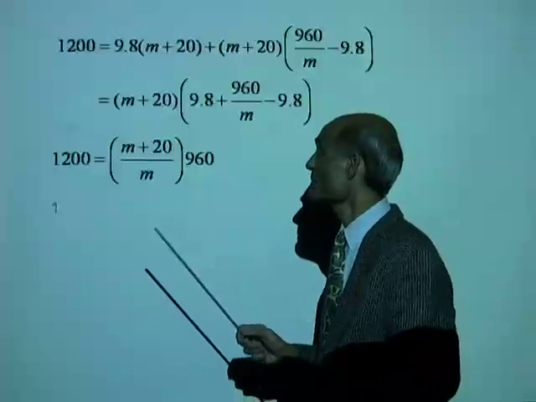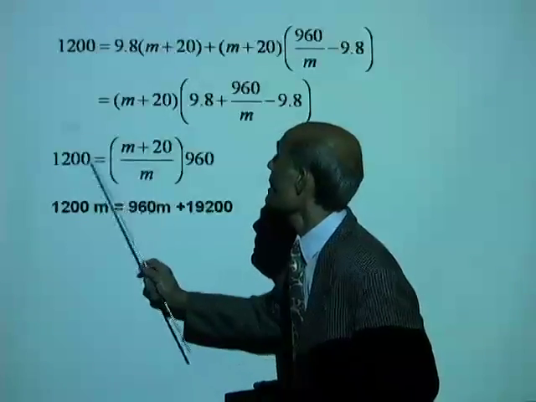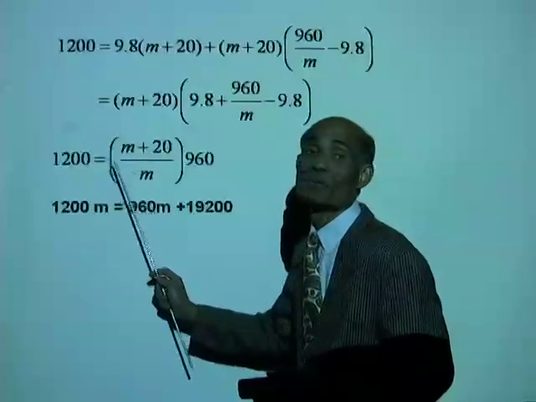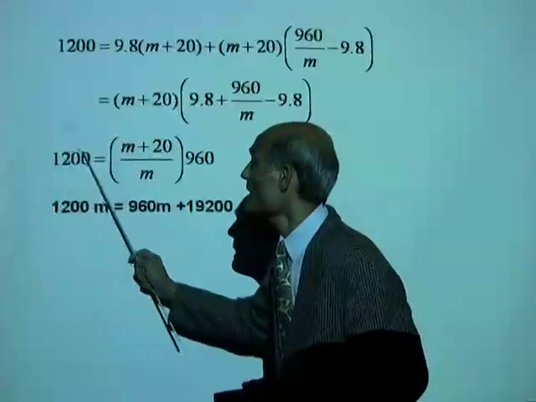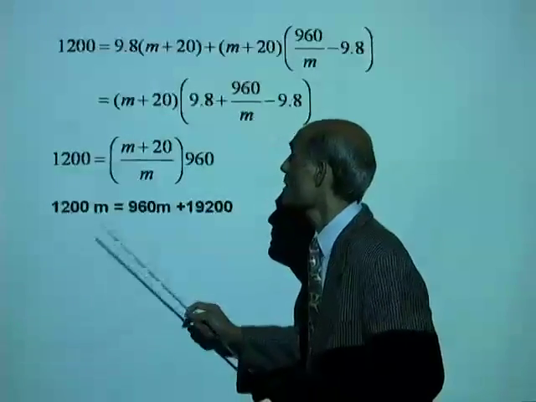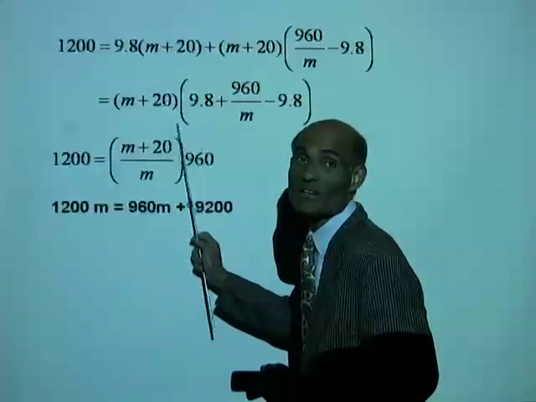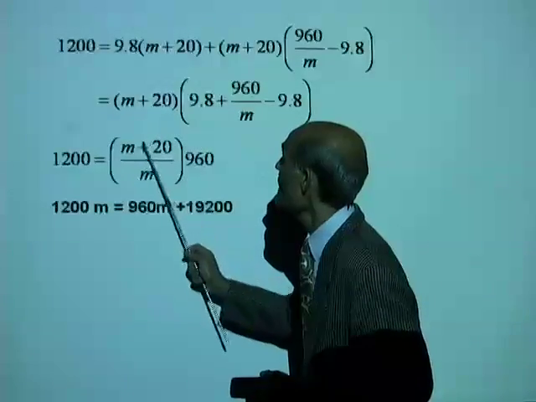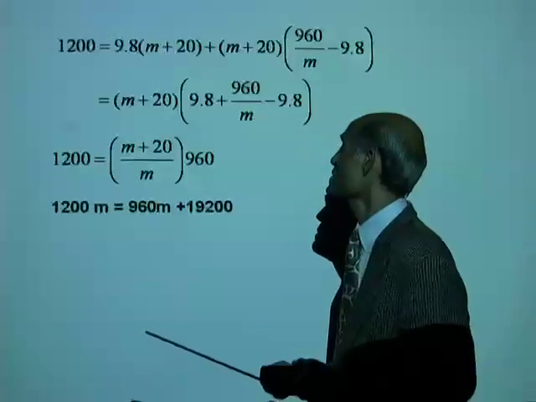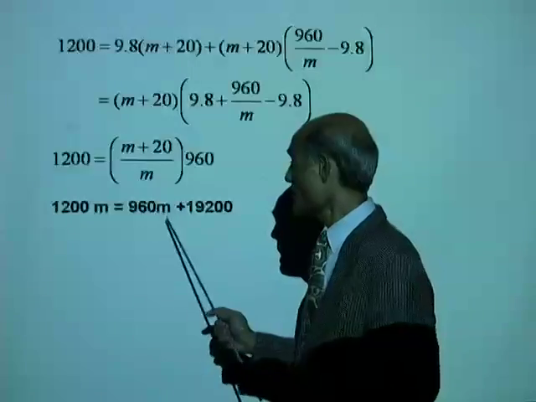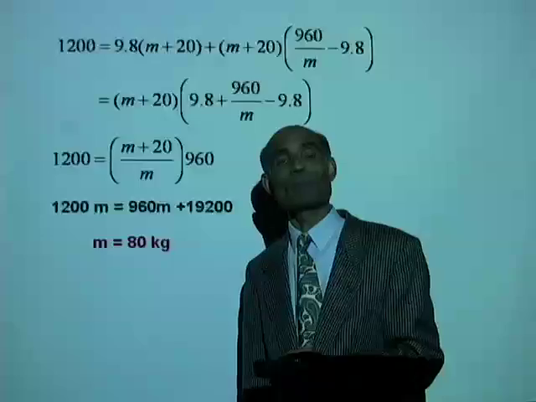I can solve it. Now multiply both sides by m. When you multiply both sides by m, on the right side m will cancel. The left side you have 1200m equal to 960m. Distribute that 960. 960m plus 960 times 20, that is 19,200. And you know how to solve this now. m equals 80 kilogram.